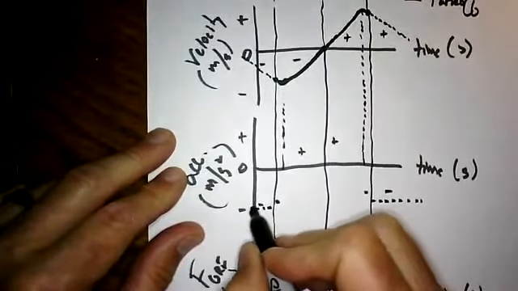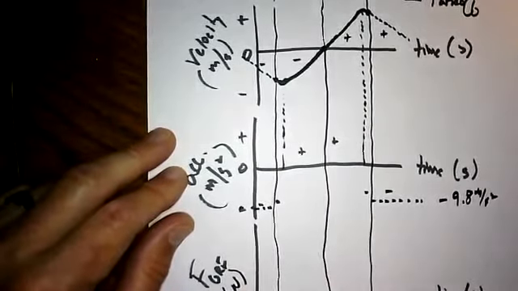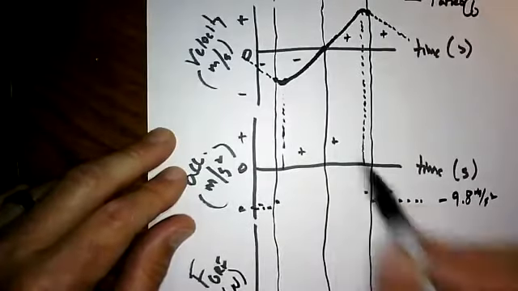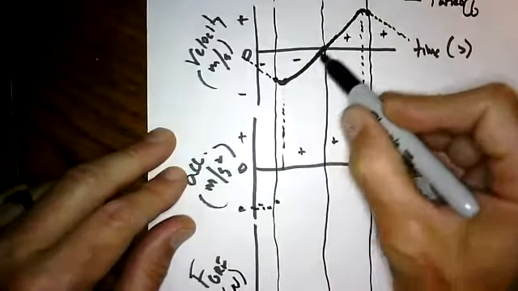The only force acting on the person is force of gravity when neither foot is in contact with the ground. So now I have this funny region of negative accelerations, positive accelerations, negative acceleration here. All of these slopes are positive.